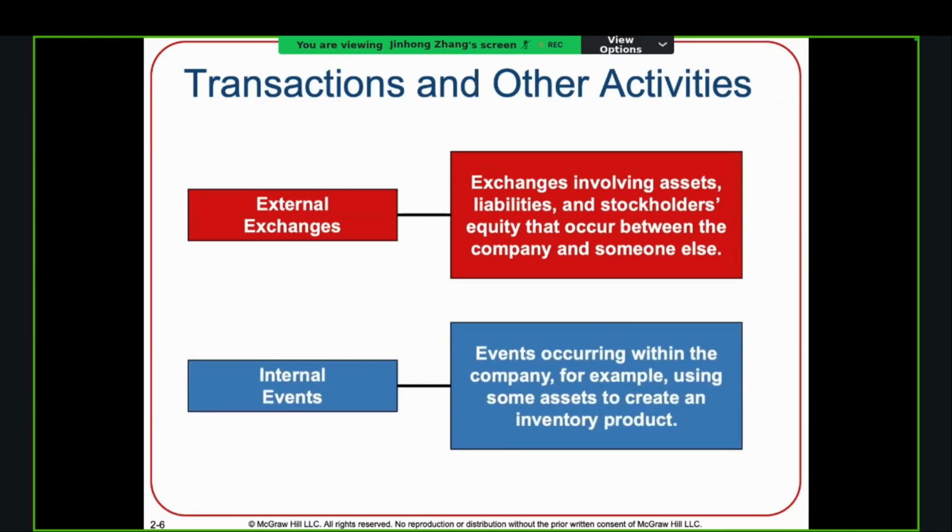Internal events occur within the company, for example, using some assets to create an inventory product. This is internal, you're not selling product. If you're buying some inventory for the wedding, say water, you bring some water, so your inventory asset increases $100, and your cash reduces $100.